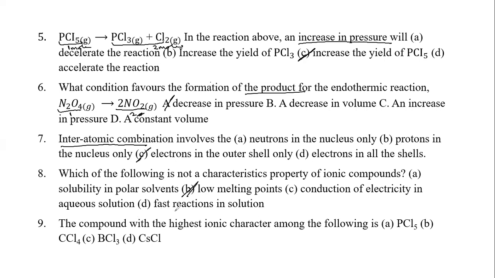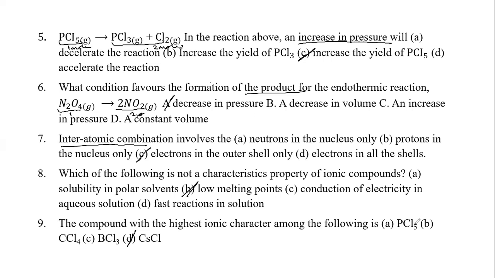Question number 9 says that which of the following, the compound with the highest ionic character among the following is what? PCl5, CCl4, BCl3, CsCl. Now you know that option D is the correct answer because cesium is a metal, chlorine is a non-metal. When a metal and a non-metal form bond, you will expect ionic character.